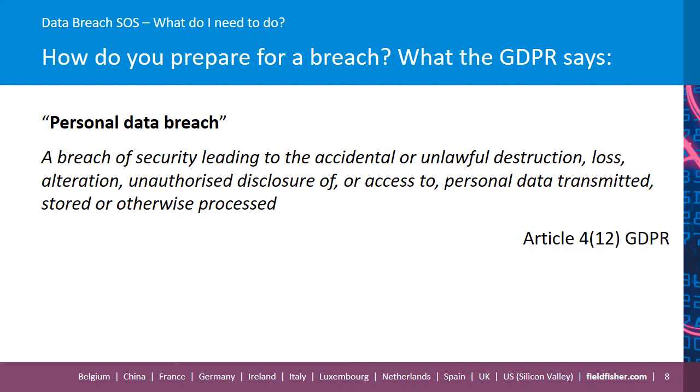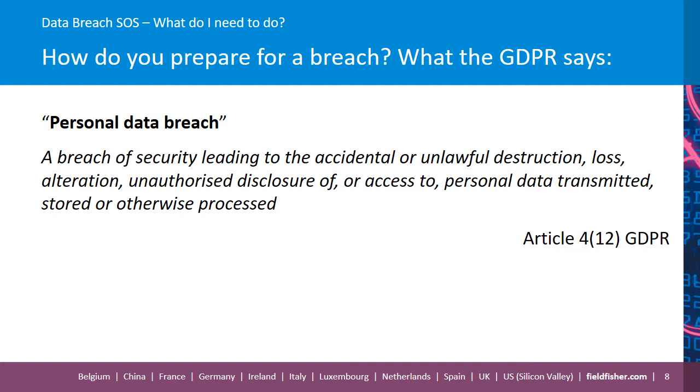Now, the thing to bear in mind here is that you might well have an incident of, say, accidental disclosure. So someone sent pay slips to the wrong person. That's a fairly obvious personal data breach, but there are also less obvious personal data breaches.